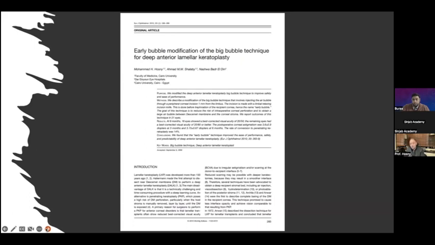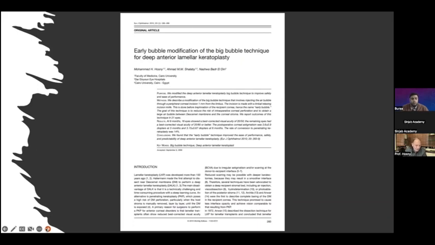So we would do a guarded corneal incision in the thick peripheral cornea with a guarded knife, 500 microns or 450 microns. Then we'd go from this incision and inject the air bubble, separate the Descemet's membrane, and then do the trephination. This was one of the modifications proposed at the time.